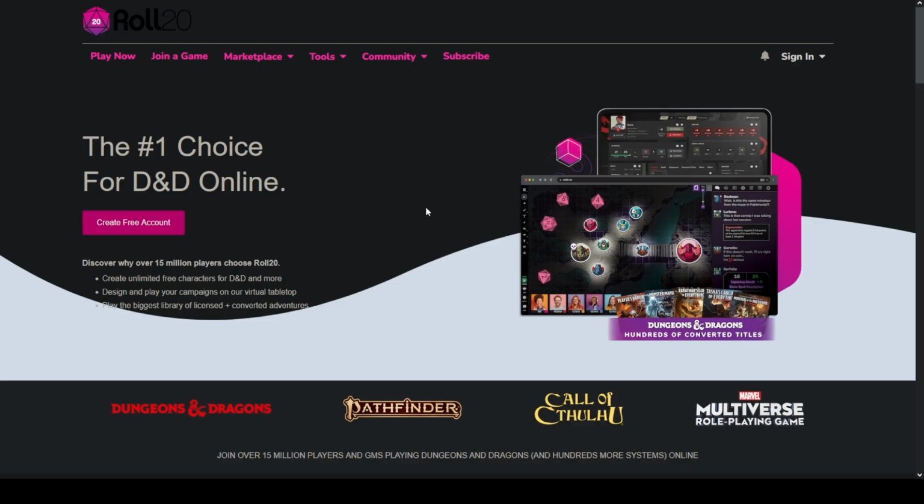So if you have purchased books in D&D Beyond, they can load into Roll20, to my understanding. But if you buy a book in D&D Beyond, it does not become available to you in Roll20 and vice versa. You have to pick. If you're going to buy one, make sure you buy them from the same place. It's like a Steam store, unfortunately.